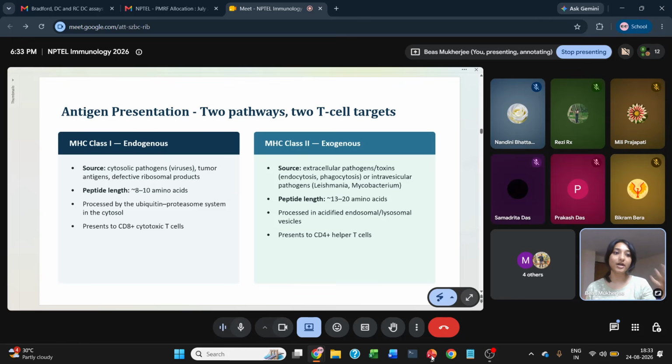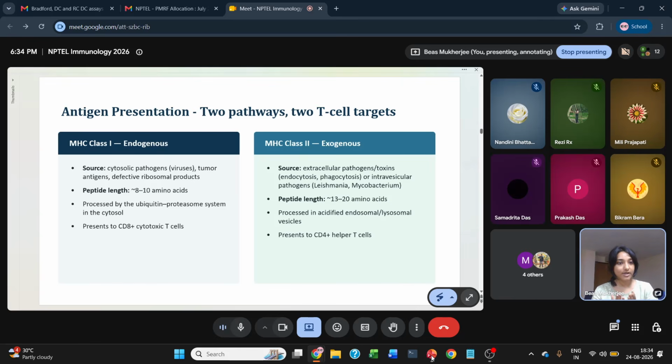Now these worn out proteins, which have worked and are supposed to die, also undergo lysosomal degradation, right? Now we come to peptide length.